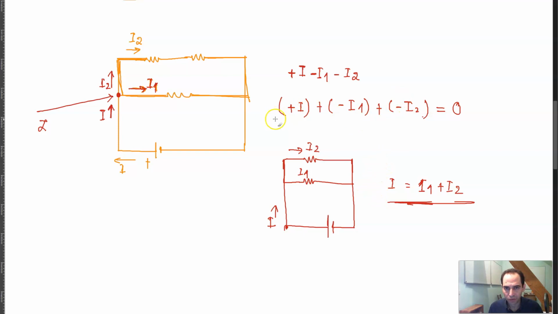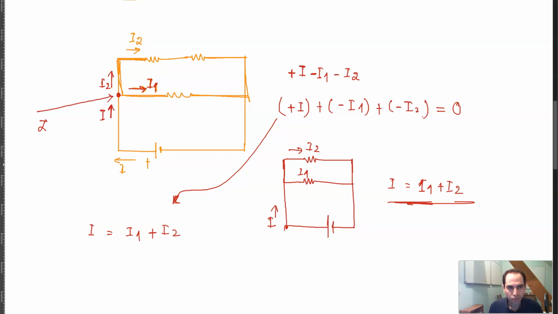And you can also rearrange this equation: take this to the other side, this becomes positive I1; take this to the other side, this becomes positive I2. And then I is equal to I1 plus I2, so you have basically the same thing as Kirchhoff's current law.